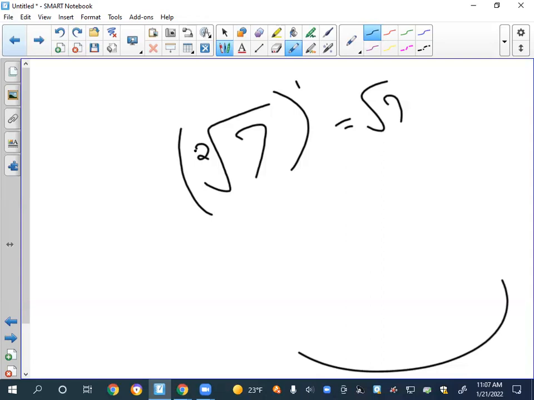No, we're not allowed to use a calculator. So this is a square root of 4. Whatever goes into 4. What about that?